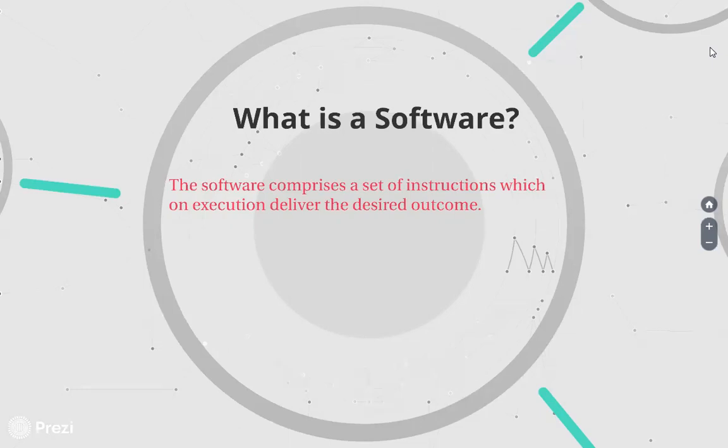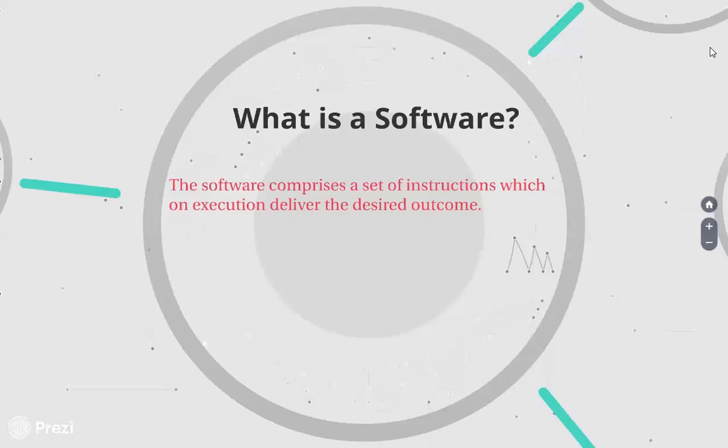And what is software? Software is a set of programs or a set of instructions. Now let's understand what is a program. If we make a small program of adding two numbers, what is happening? You are writing certain instructions through which your hardware will perform that particular operation.